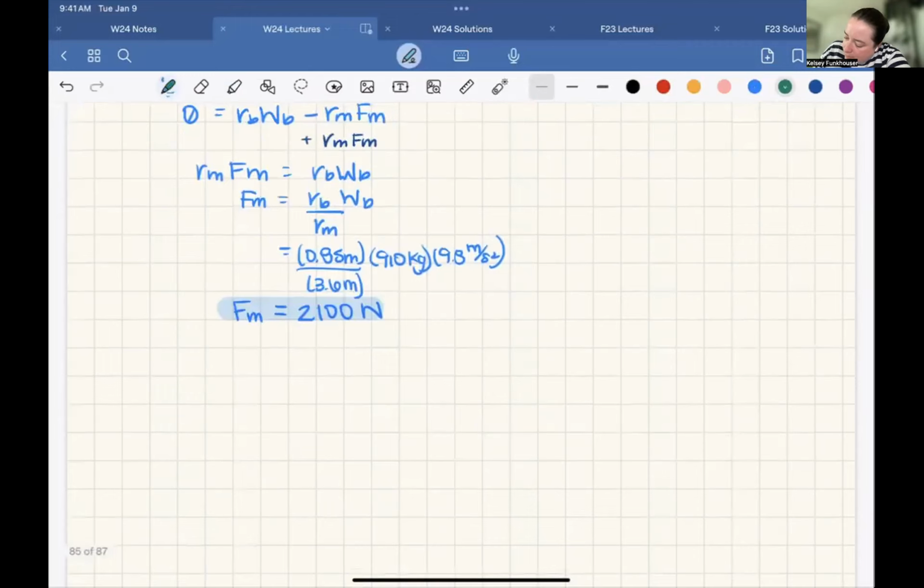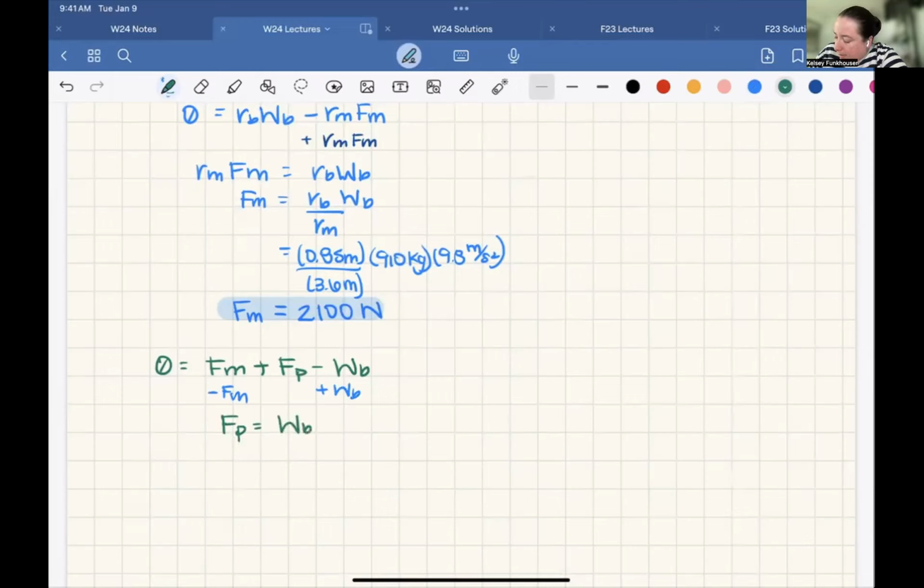So 0 equals the force by the man plus the force by the pivot minus the weight. And so we will just add the weight to both sides and subtract the force of the man from both sides. And that gives us the force of the pivot is the weight of the bucket minus the force of the man.